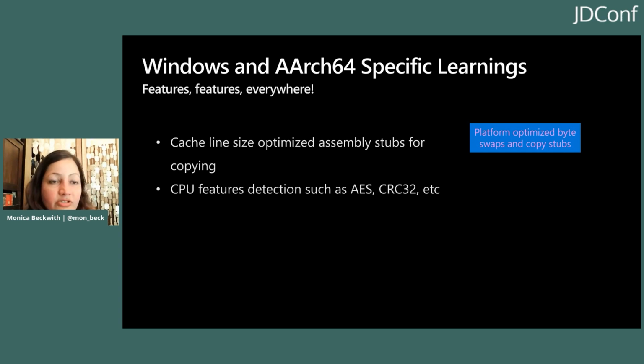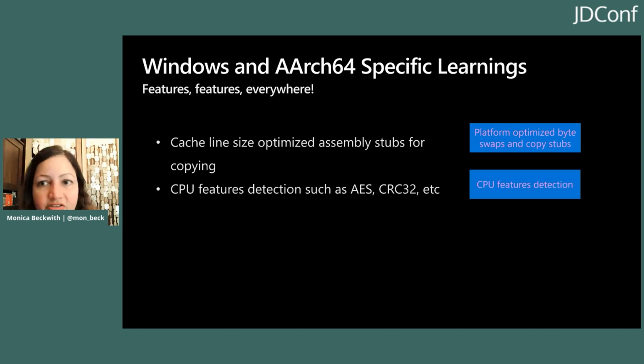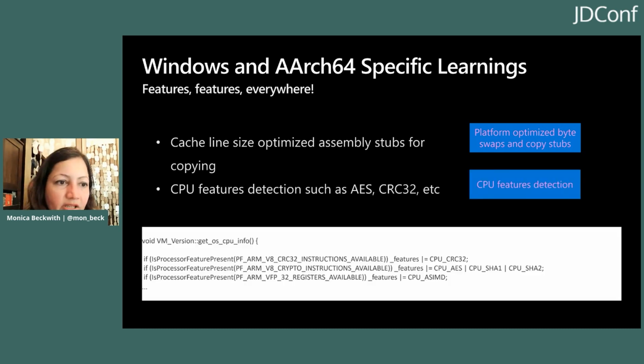So these are optimized routines. Also, we made use of the Windows API for detecting CPU features such as AES and CRC32. And here's an example right here. You see IsProcessorFeaturePresent, that's the function, and then we ask for different features as shown here.